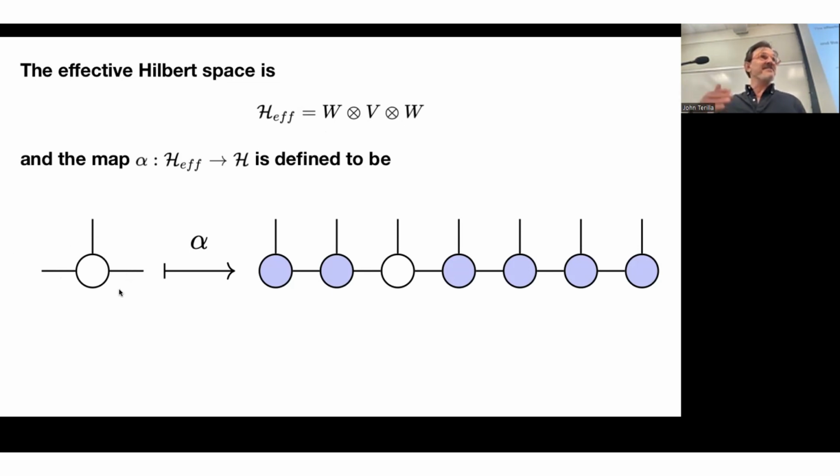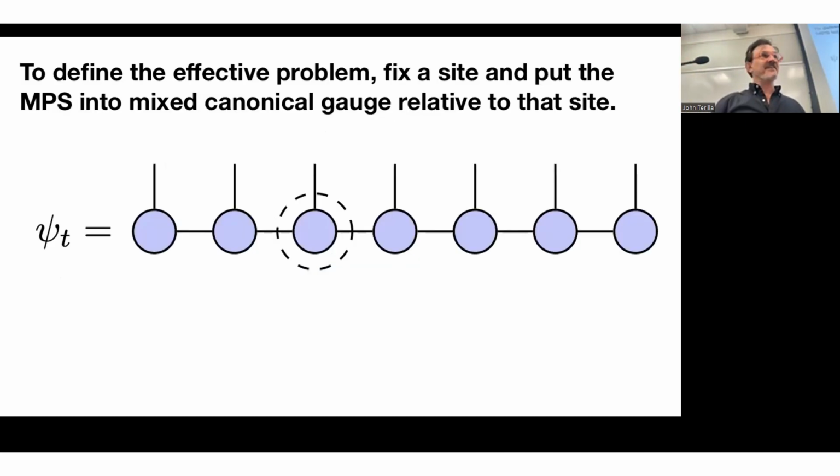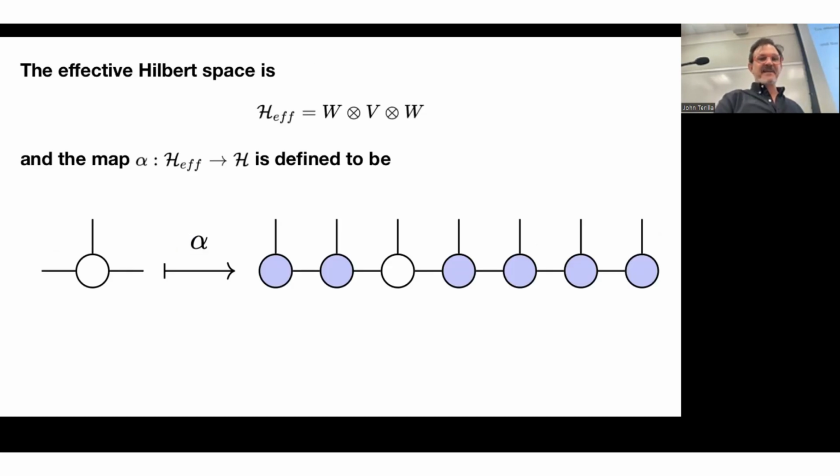And then you map it into this large Hilbert space by taking the MPS you started with, putting it in gauge canonical form relative to one site. You pull that site out and you replace it with any arbitrary site in your effective Hilbert space. So that gives you a map from this small vector space into this huge one. So you just replace one site.